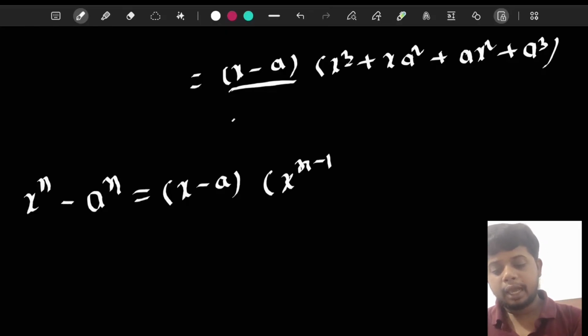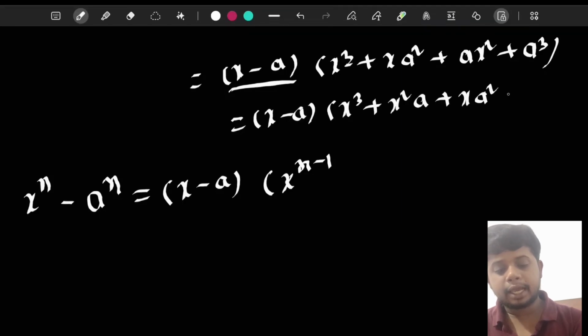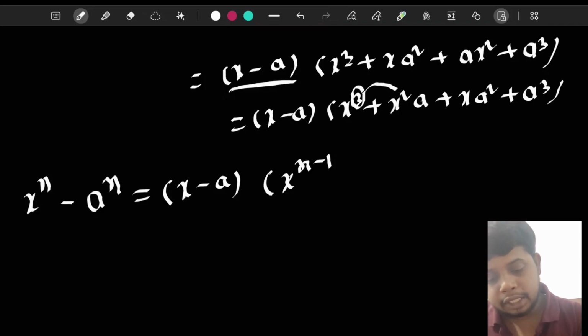Now see, here I will write this as x minus a into x cube plus x square a plus x a square plus a cube. Now see, x power has decreased and a power has increased.